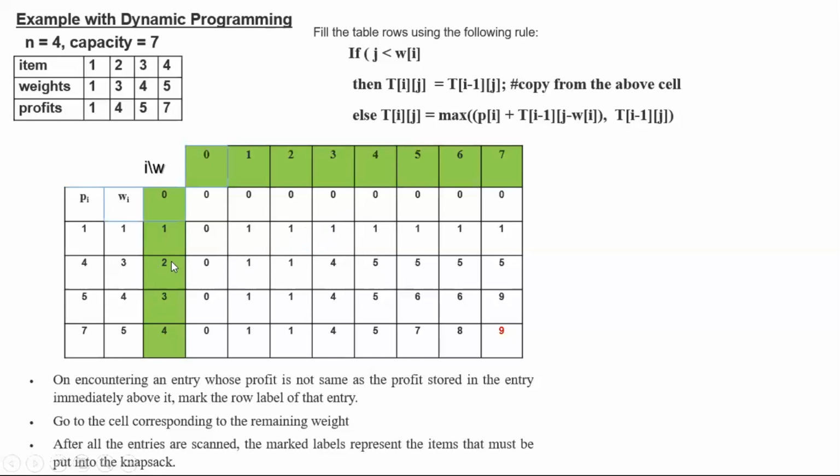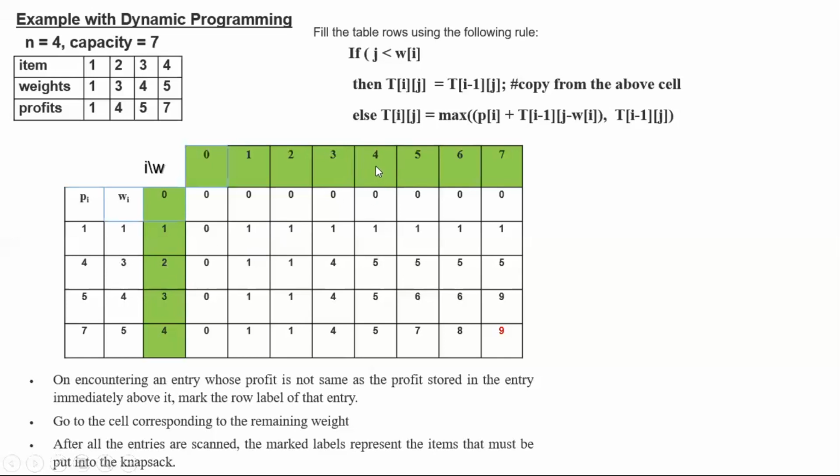Next, can we put item 2 in a knapsack of capacity 4? Yes. In this case, we have a profit of 4, but we have 1 extra weight, since we have 4 here and the weight of item 2 is 3.